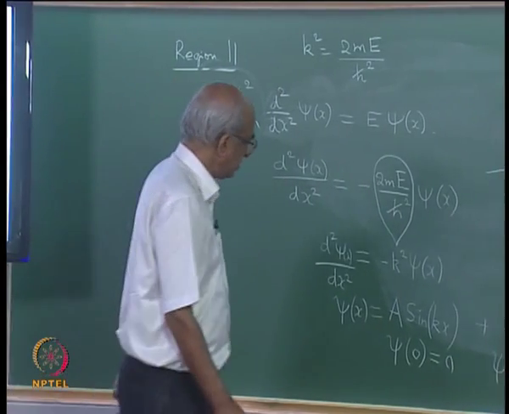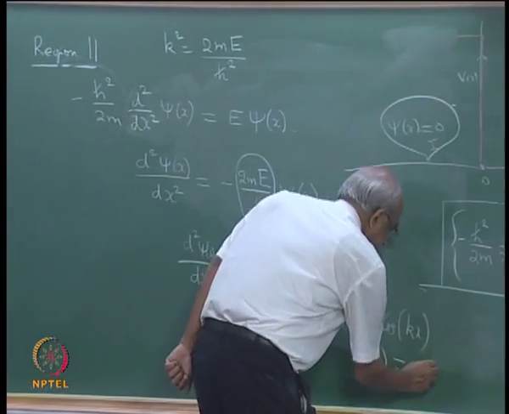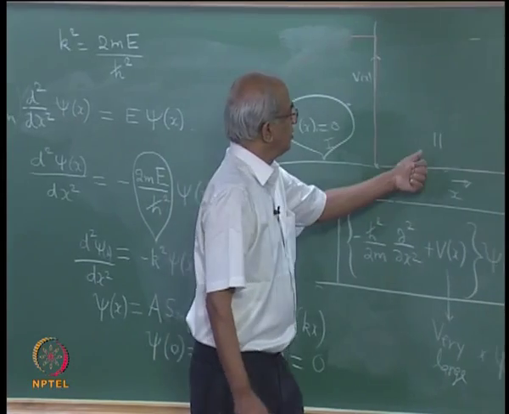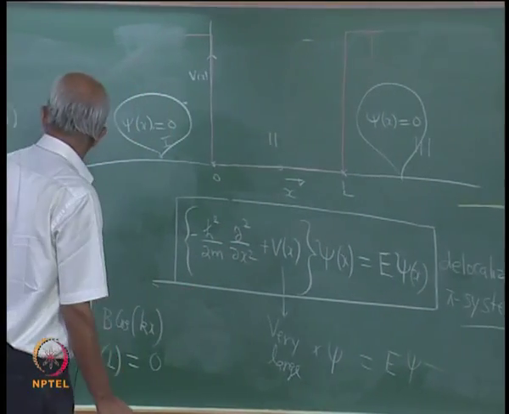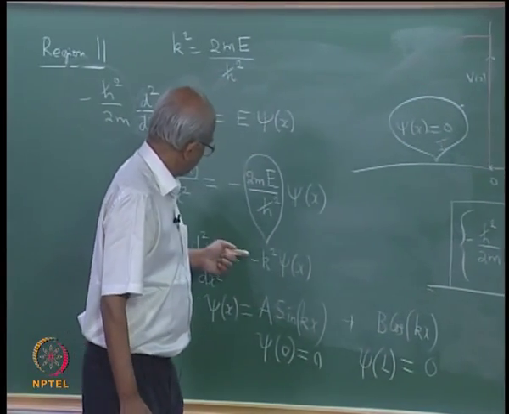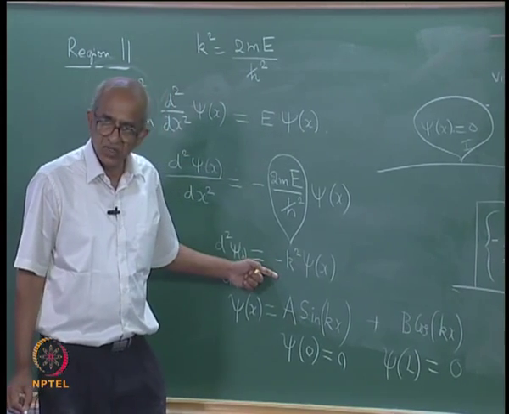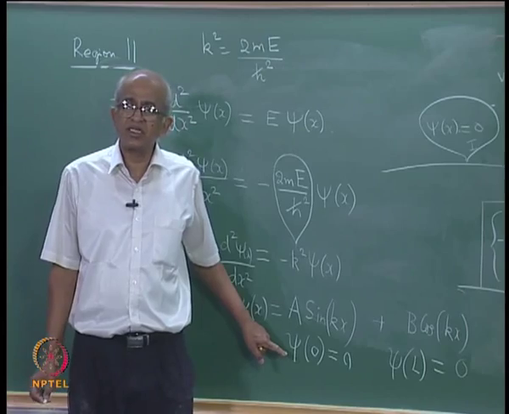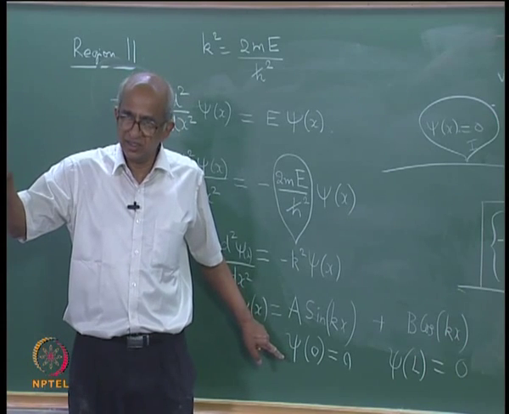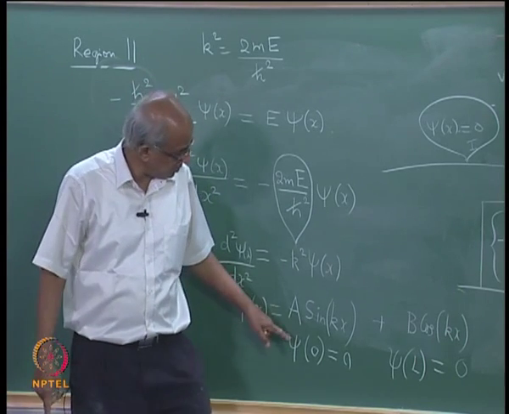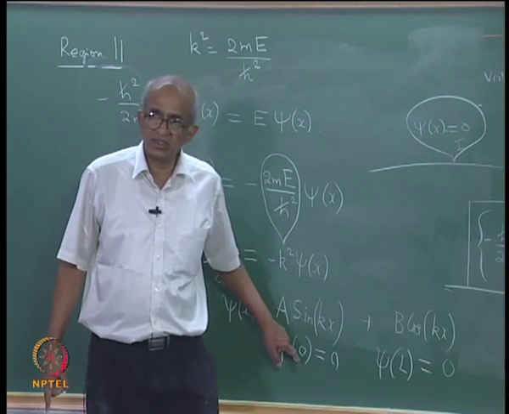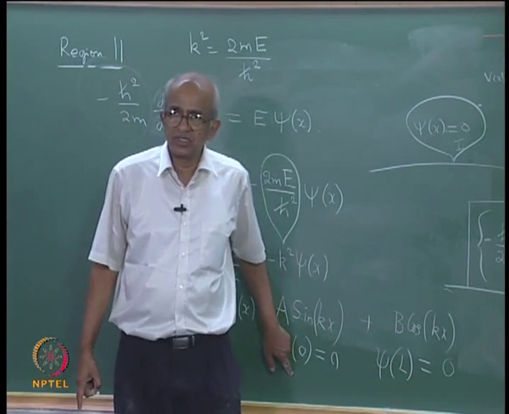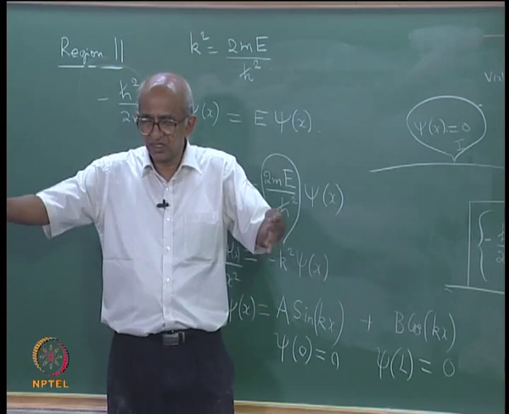So, therefore, you have two conditions. In the region 2, you have to solve this differential equation subject to two conditions. The conditions, notice, are at the boundaries of this region, and therefore these are referred to as boundary conditions that the wave function should satisfy, because they are at the boundaries of the box.